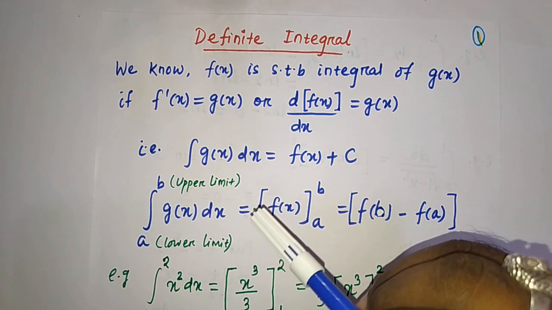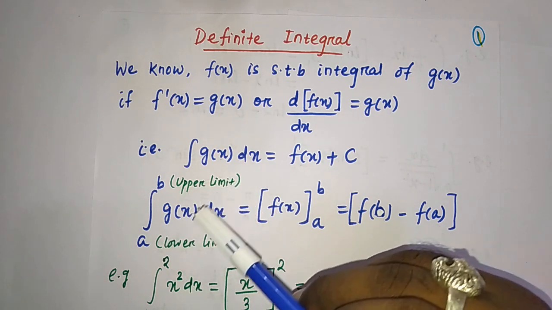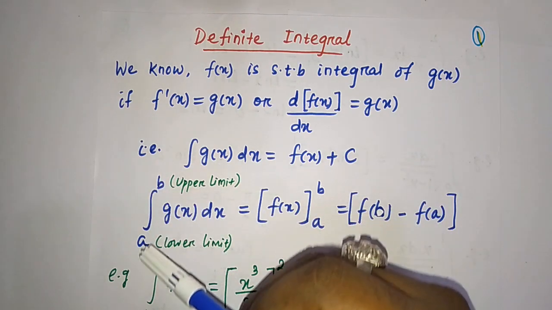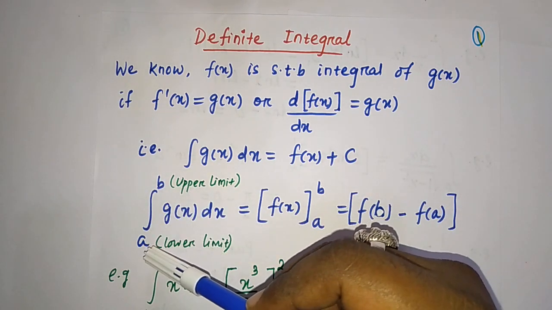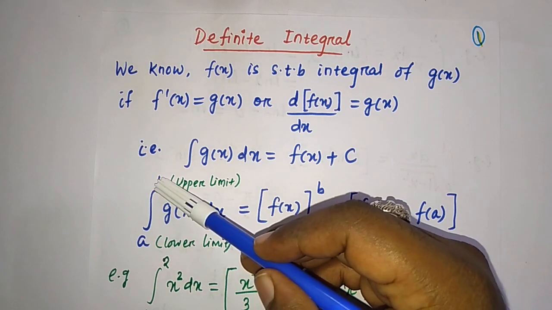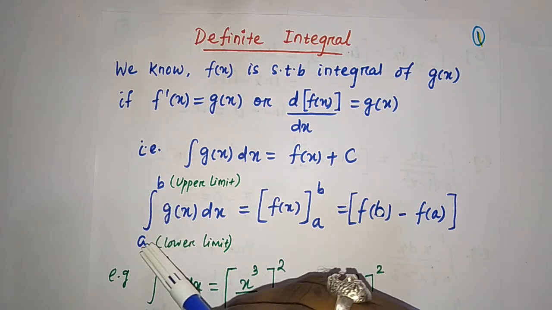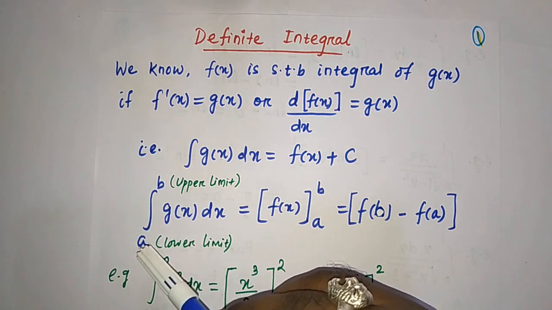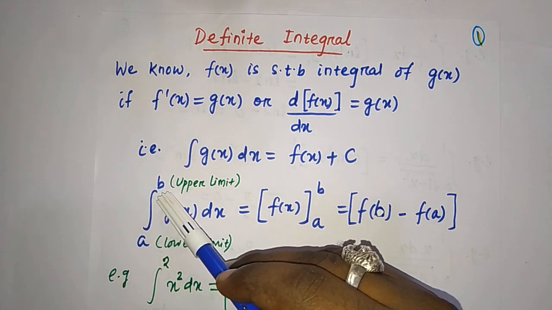Now we will see the difference in case of definite integral. In a definite integral, we integrate the function in an interval. Here I have taken one interval that starts from a to b. We write these two constant terms with the integration symbol, one in the lower part and another in the upper part.